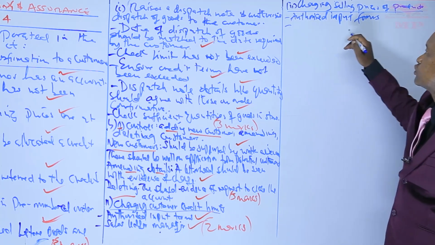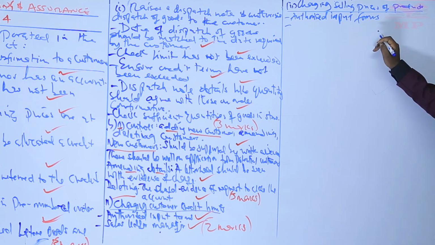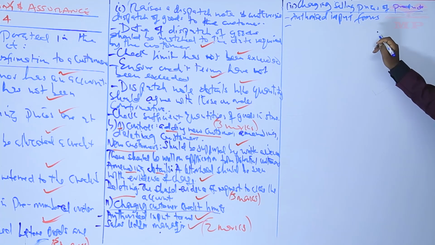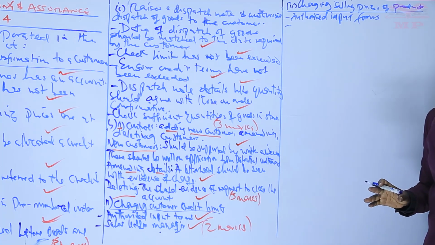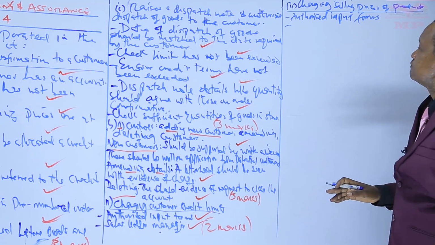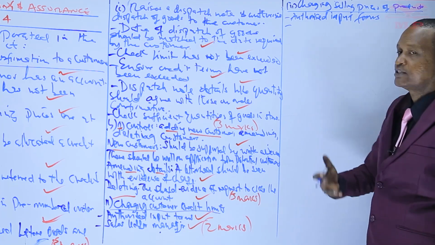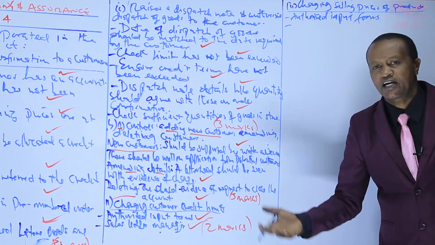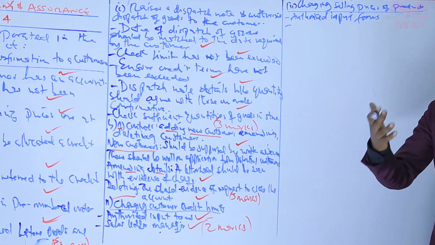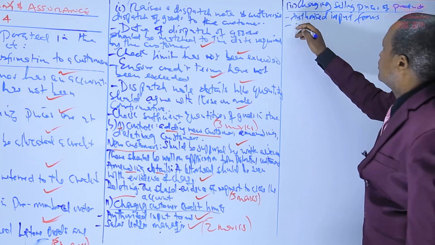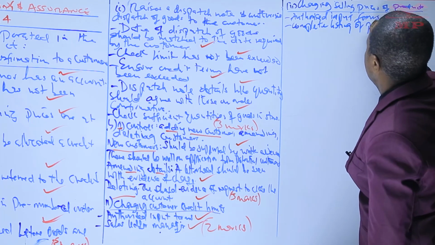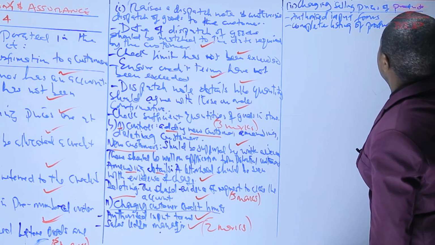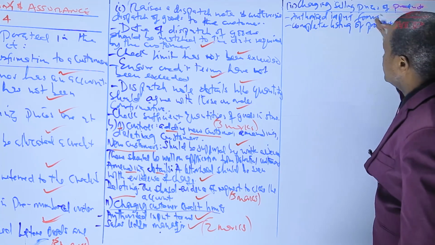Then the second control is that the sales staff should be issued with a complete listing of product prices and use the list to quote prices to the customers. The sales staff should know the prices.